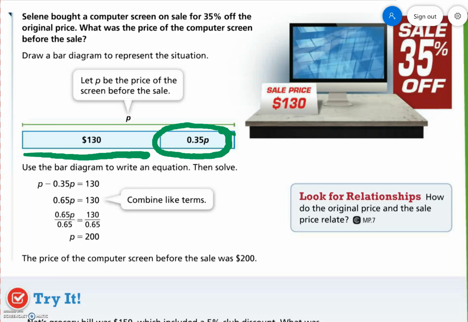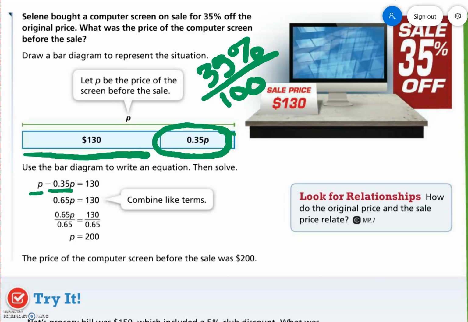So that sale was 0.35P because 35, remember, percent, just means 35 over 100, which is 0.35. So if we take the original price, P, minus the sale price, we should get 130.